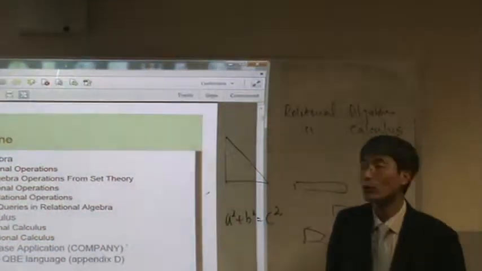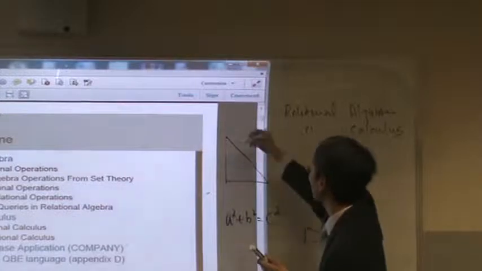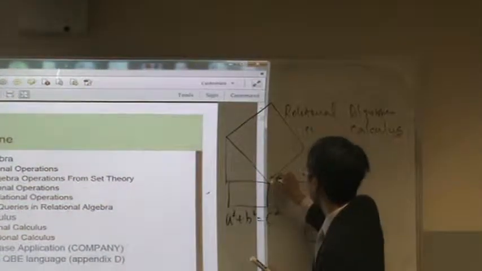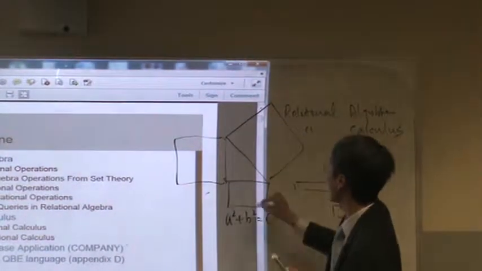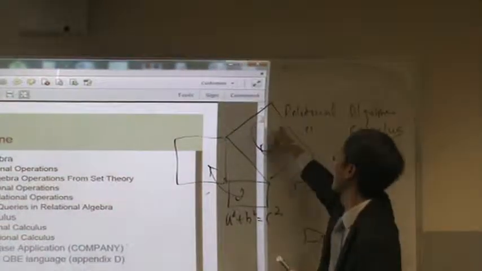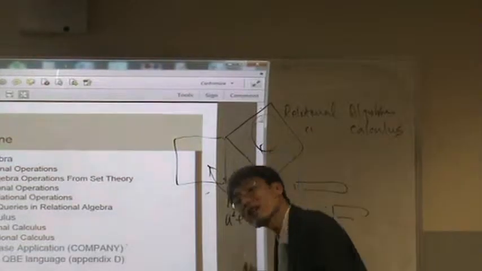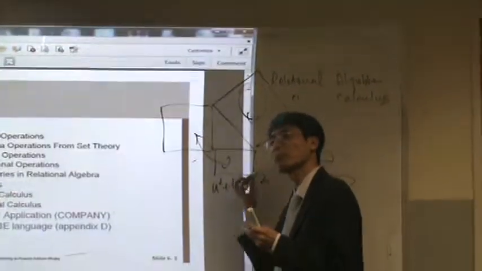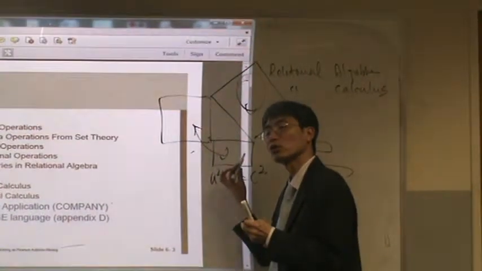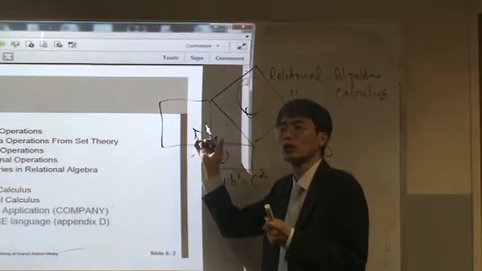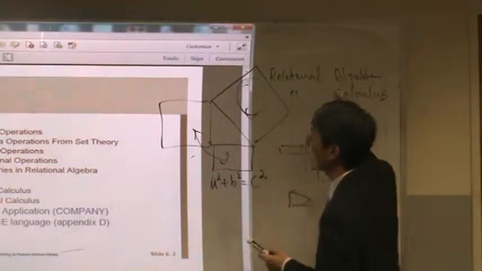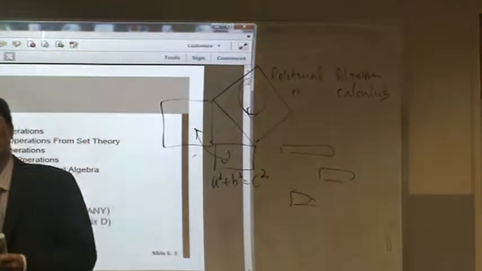Also, using shapes, we can draw the areas, and by combining them, we can get this area. Without using an equation, we can prove the same Pythagorean theorem with a geometrical approach.